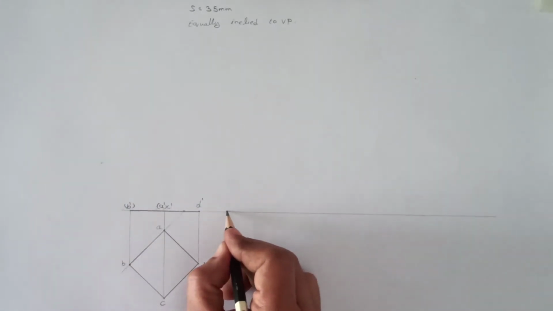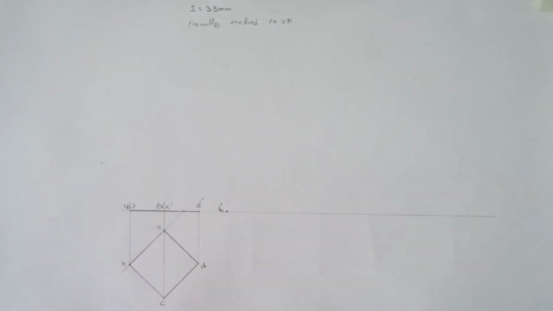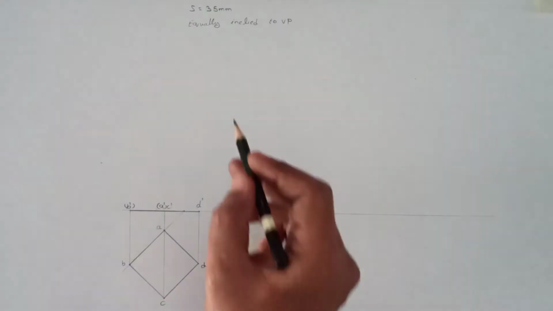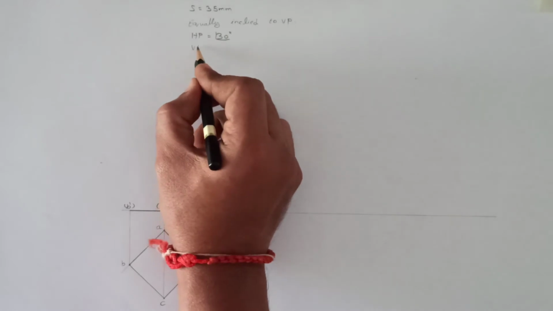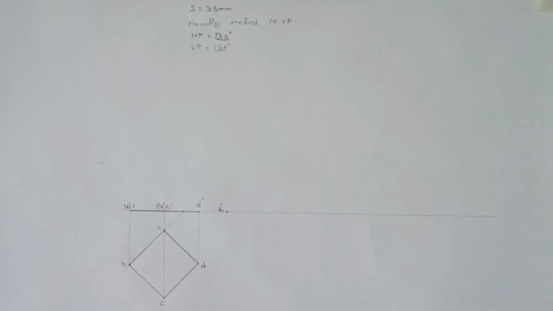In the problem, it is given as the surface of the plane is inclined at 30 degree to HP, and it is also inclined at 40 degree to VP.